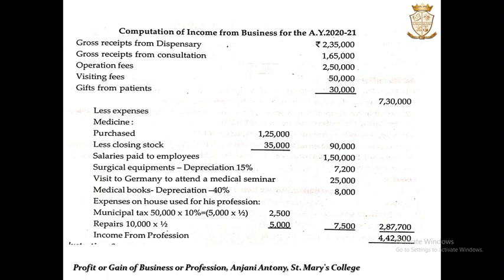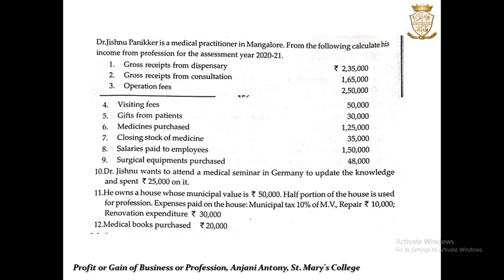So if you are considering the first item of expenses, it is medicines, and we know that medicines purchased is 1,25,000 and closing stock of medicine is 35,000 rupees. So at the end of the year there is a stock of 35,000 rupees. So we need to deduct the closing stock amount from the purchased amount.